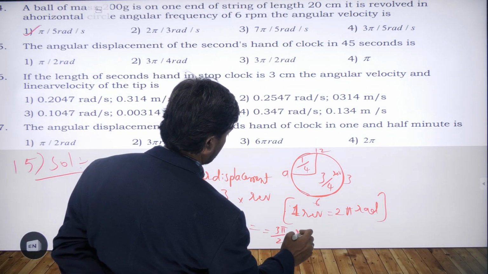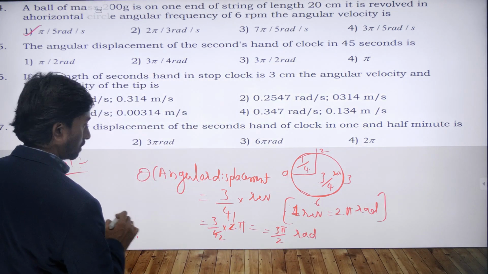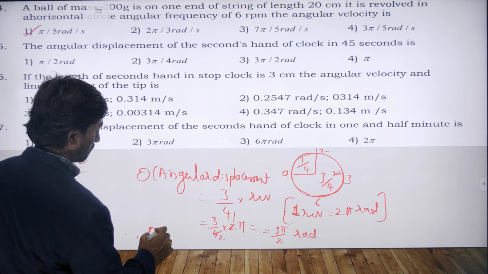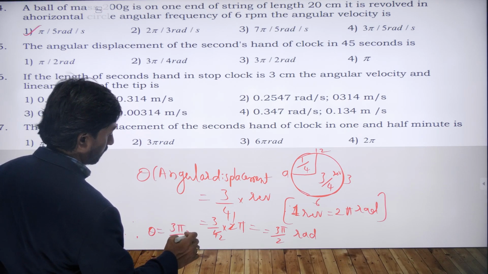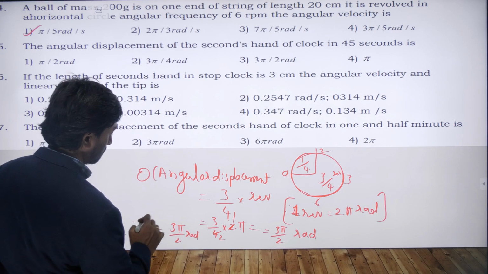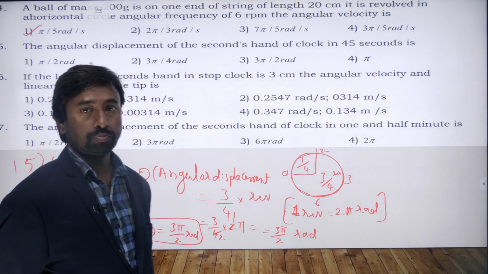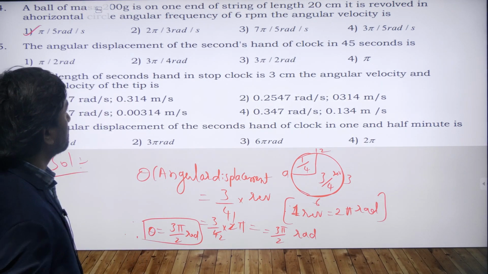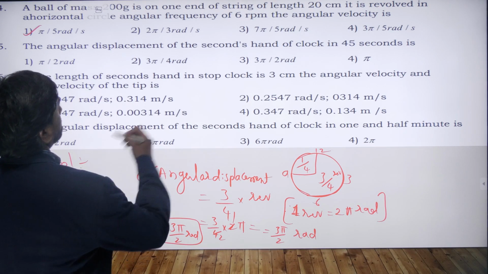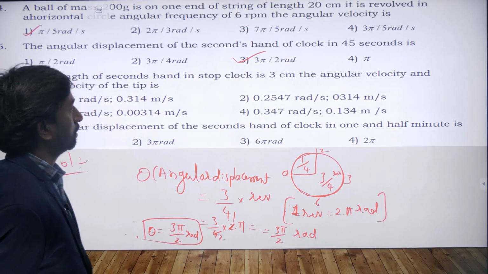Therefore the answer is theta is equal to 3 pi by 2 radians. So this is the angular displacement. 3 pi by 2 radians.